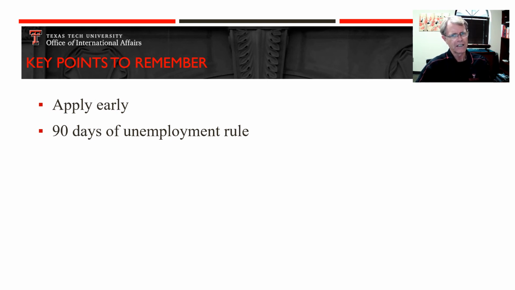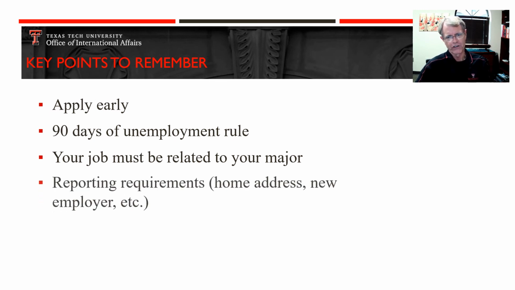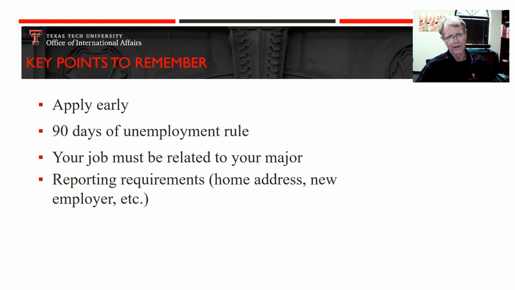You need to keep that in mind. Your job must be related to the degree you just completed, your major. And then finally, during your OPT, you have some very important reporting requirements. So be sure to report your OPT employer information and your change of home address in the SEVIS student portal.